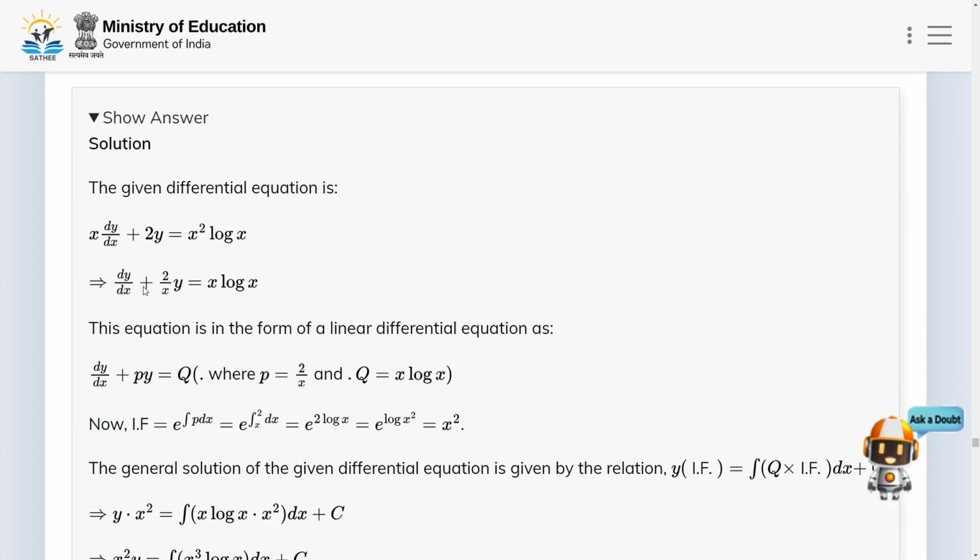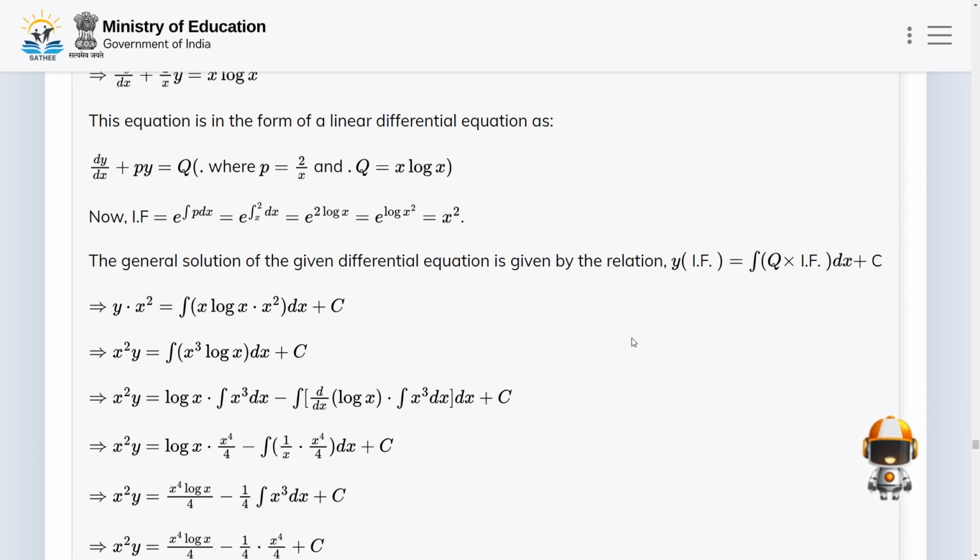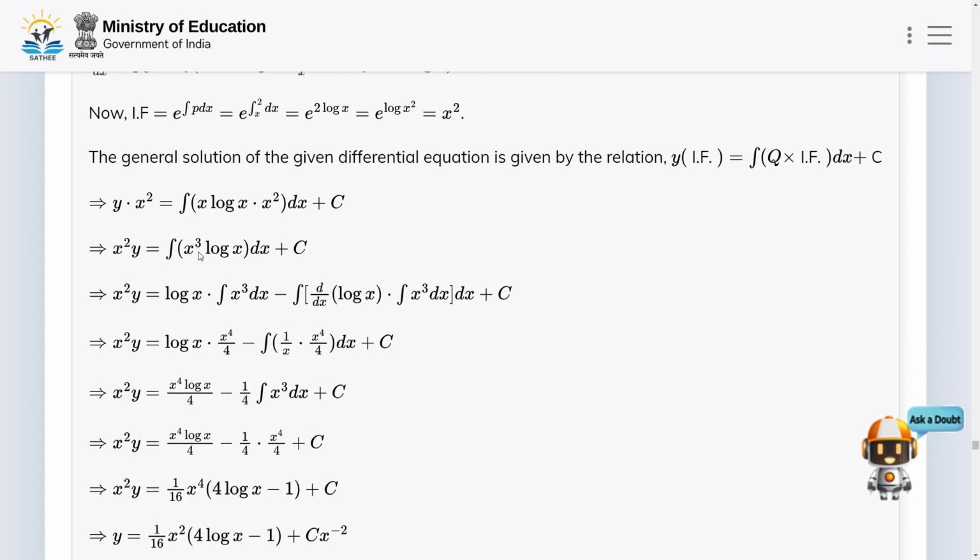So your dy by dx plus 2y by x is equal to x log x will be your standard form. This means p will be 2 by x, q will be x log x. So integrating factor will be x square. Using this form, y times integrating factor is equal to integration of q times integrating factor dx plus some constant. You will have x square y is equal to integration of x cube log x dx plus some constant. Use by parts.